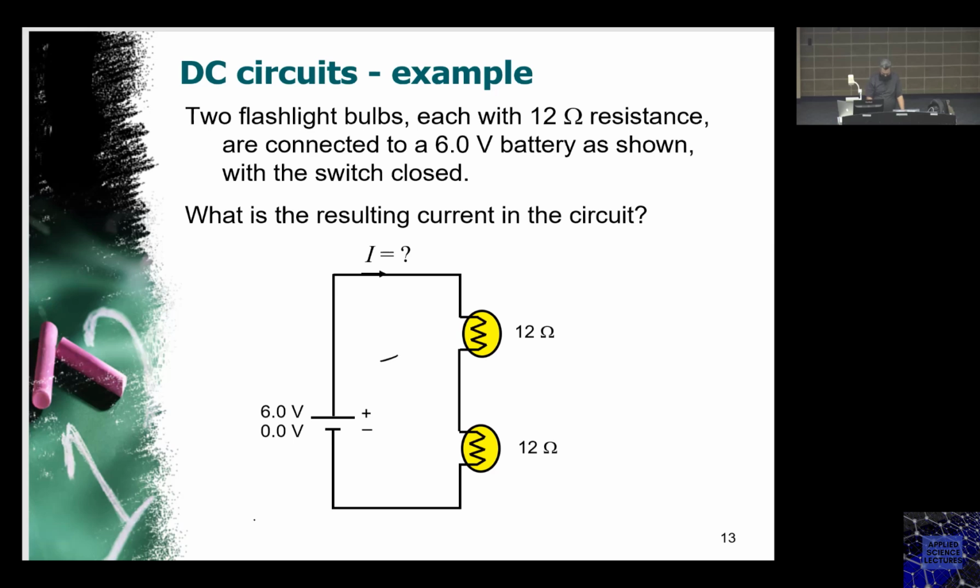So here in this case, 2 light bulbs, each has a resistance of 12 ohms. If you want to calculate the current, what would you do? You find the total resistance, right? And then you divide the potential difference that you have here, which is 6 volts, by this total resistance. This is Ohm's law. You get the current.